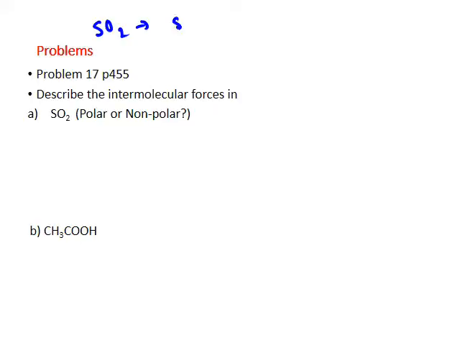So sulfur has 6 electrons. Oxygen is also from group 6A, so it would also have 6 electrons. Now we have 2 such oxygens, so 6 times 2, that's 12. And altogether we have 18 electrons, and we must account for 18 electrons in SO2.